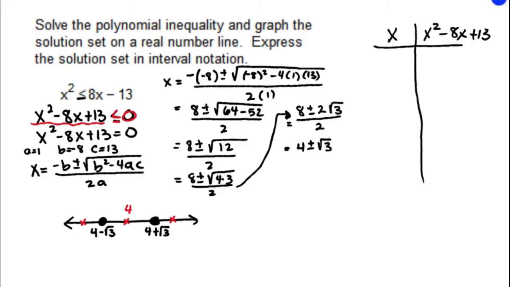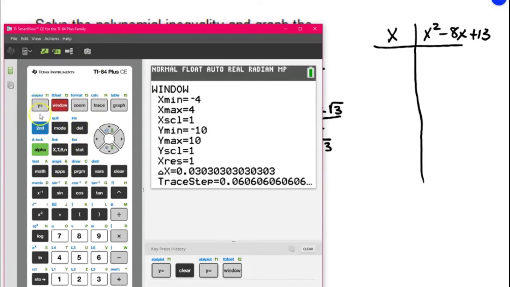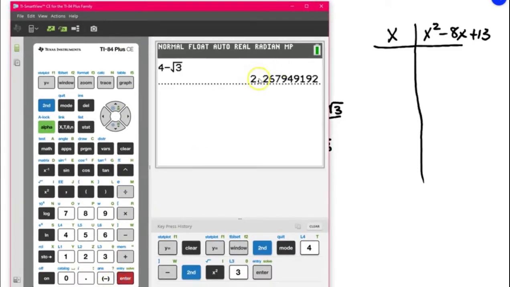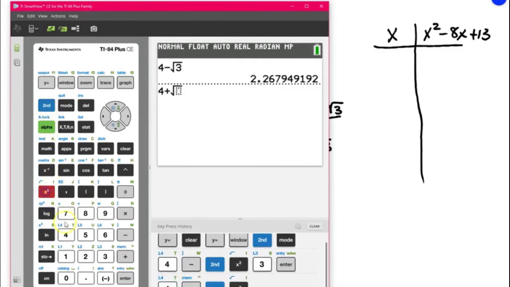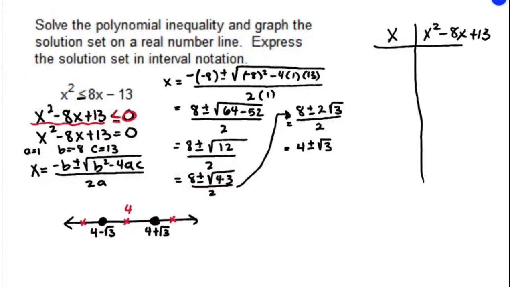Okay, my calculator loaded. So 4 minus square root of 3 is going to equal 2.3, and 4 plus square root of 3 is 5.7.